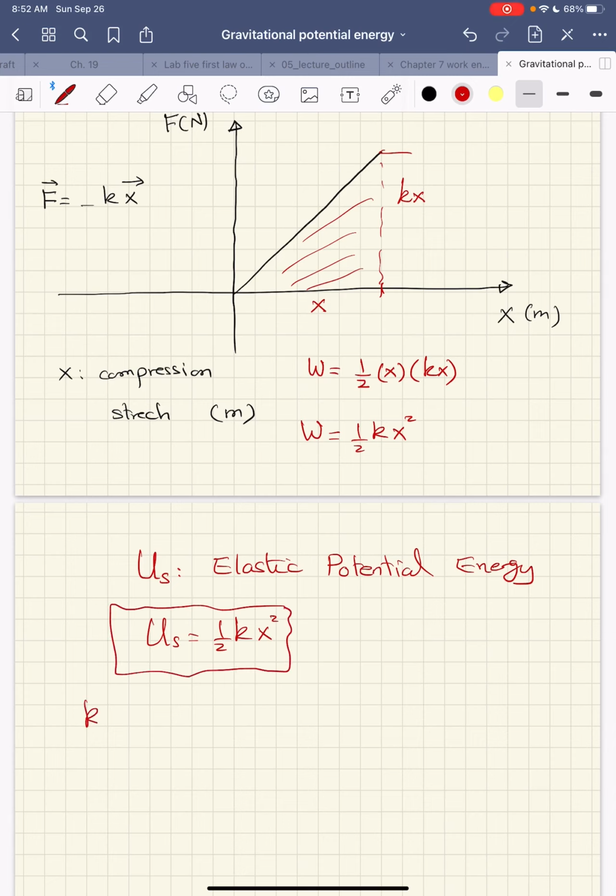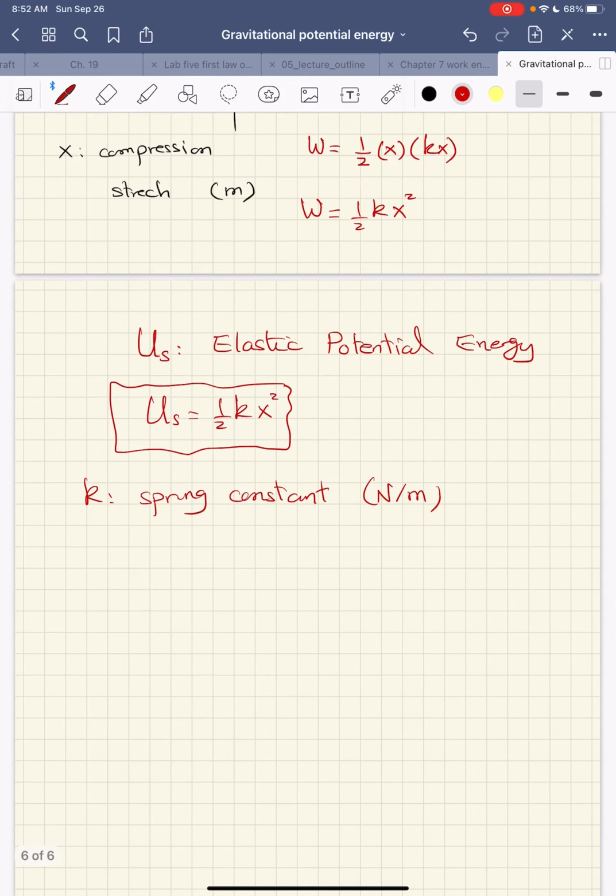And k is the spring constant, in newtons per meter, and x is the stretch in meters. We're gonna use so many of these springs in problem solving later, when we do problem solving.